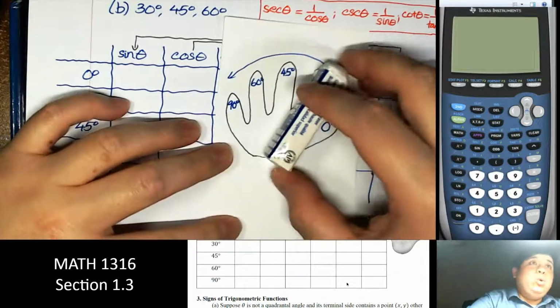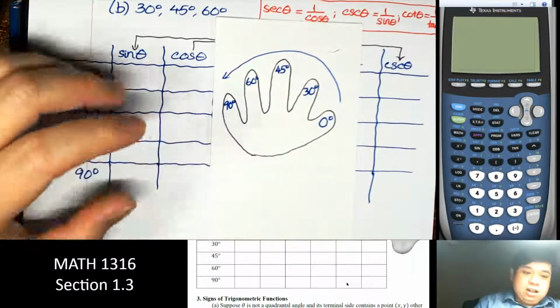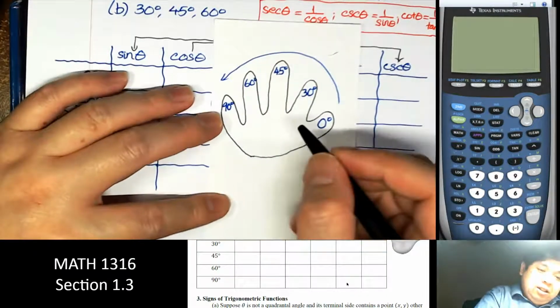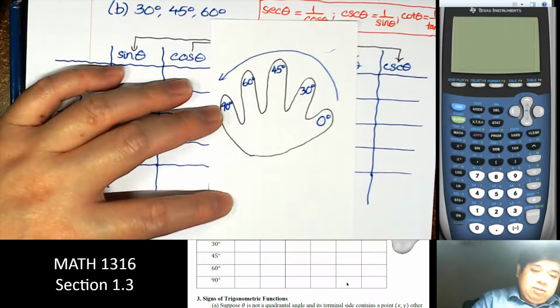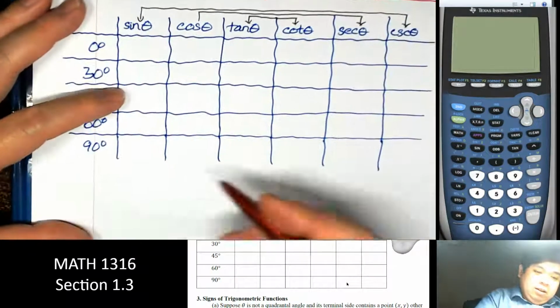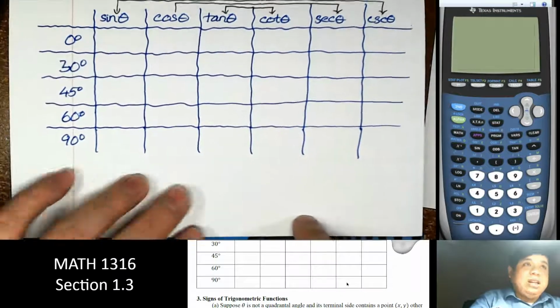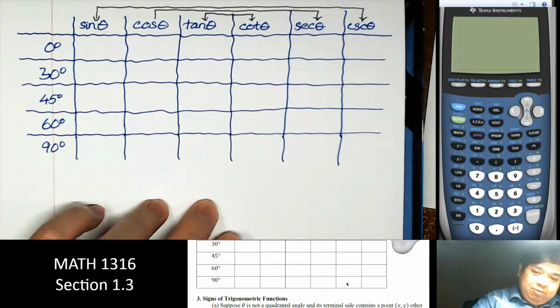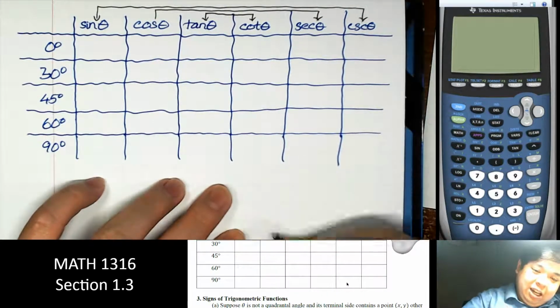And the way with the hand trick is that I have to write that on the note too. Sorry. So let's do that again and draw the hand.